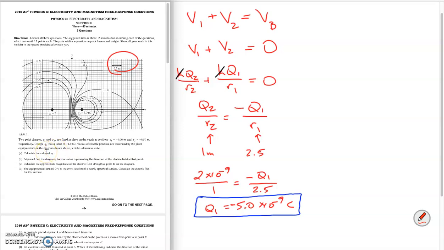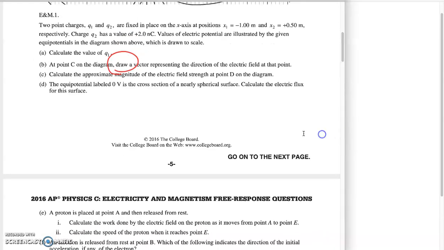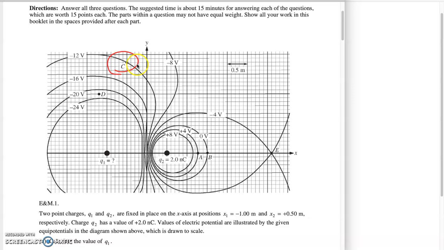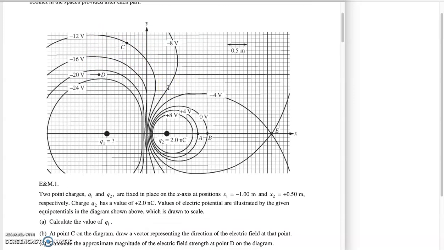All right. Part B, point C on the diagram. Well, let's blow this guy up. And here's point C. They want us to draw the electric field at that point. Okay, so the equipotential lines are like elevation for a topographical map, and if you walk along it, you're at the same elevation.